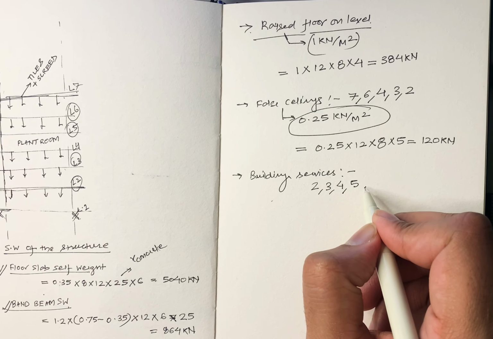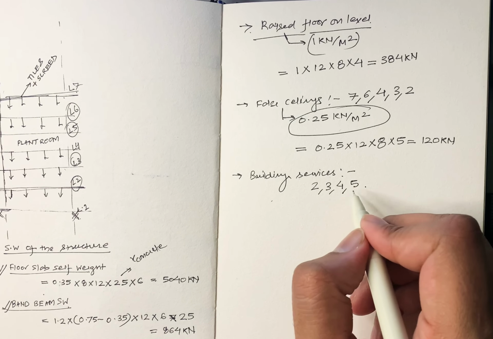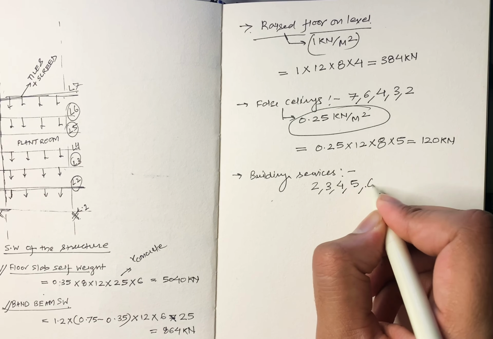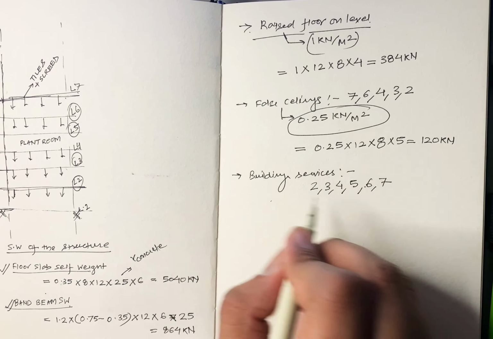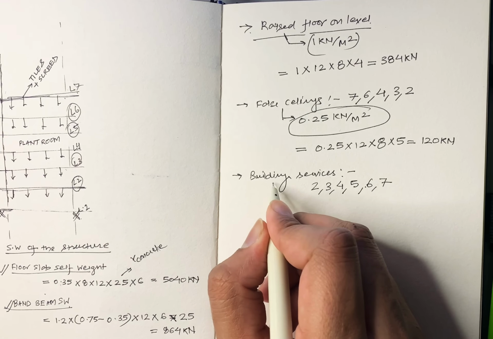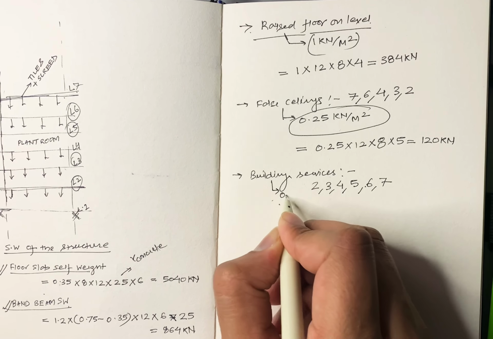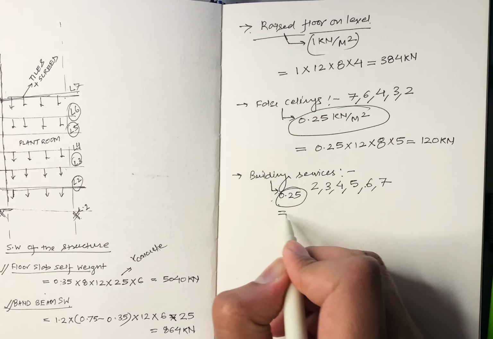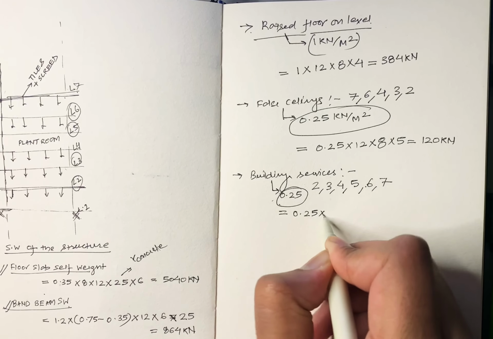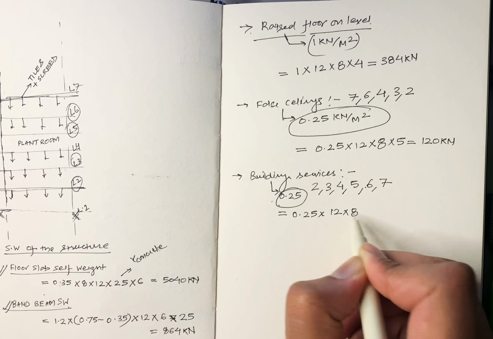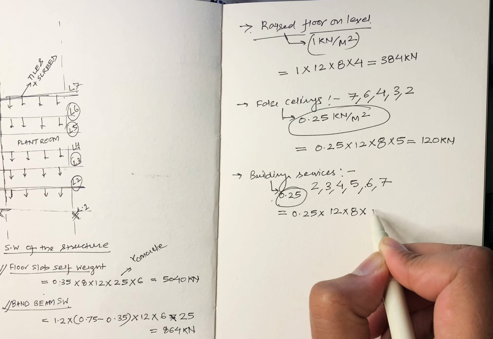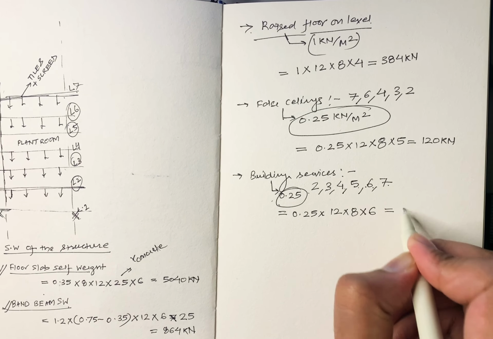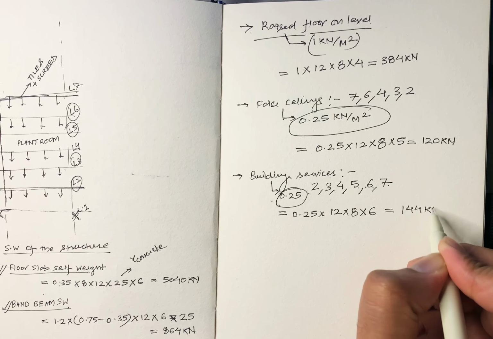It's not like for living, but you need to have a sprinkling system and everything, which is mandatory in the entire floor. So all of them. So what is the load for building services? Same, 0.25. Okay, so it's 0.25 into 12 into 8, and then 1, 2, 3, 4, 5, 6 floors. This is 144 kilonewton.